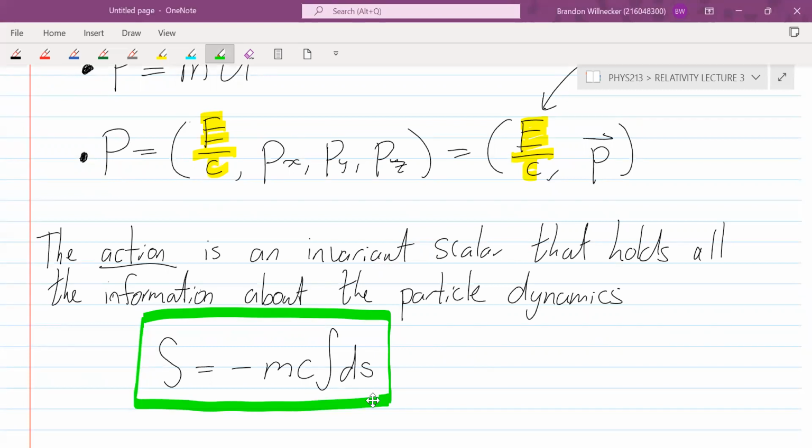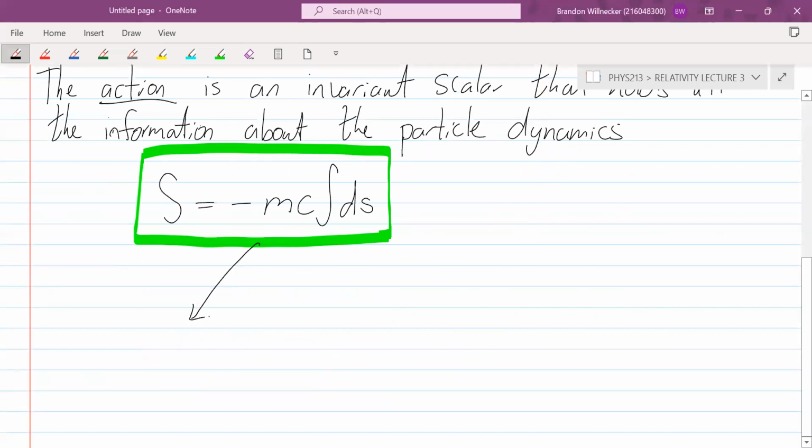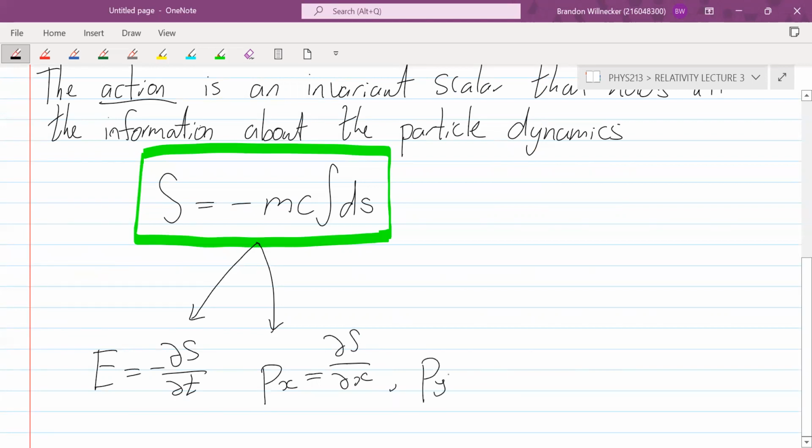Now, from the action, we can find several things. Most importantly, with the action, we can calculate the energy and we can calculate the momentum. From this, we can calculate the energy as minus dS by dt. We can calculate the momentum in the various directions as well: Px is dS by dx, Py is dS by dy, and Pz is equal to dS by dz.